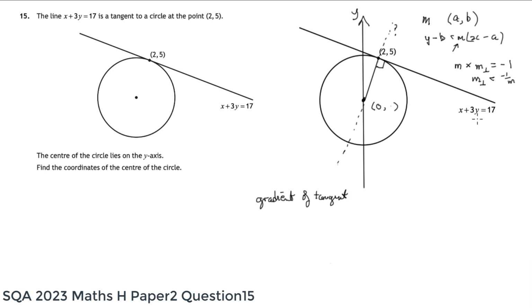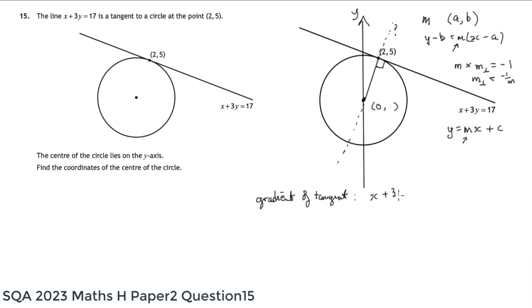And the way this equation is given to us, it's not in a form we can easily work out the gradient. Usually, if it's in the form y equals mx plus c, the coefficient of x, the number in front of x, tells us what the gradient is.